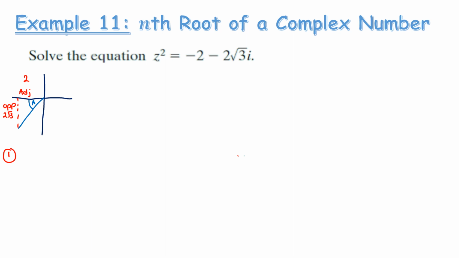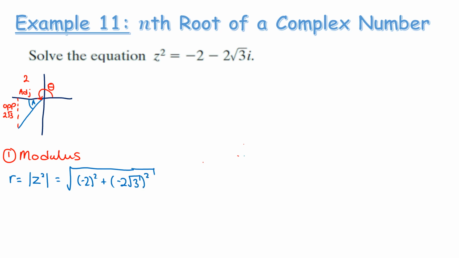I'll put in here first my theta, that's my argument. First thing I'm going to work out is my modulus. The modulus is the length or the distance from the center 0, 0. We get that as the length of, and in this case it's actually z squared, and that is the square root of a squared plus b squared, and that works out as 4.